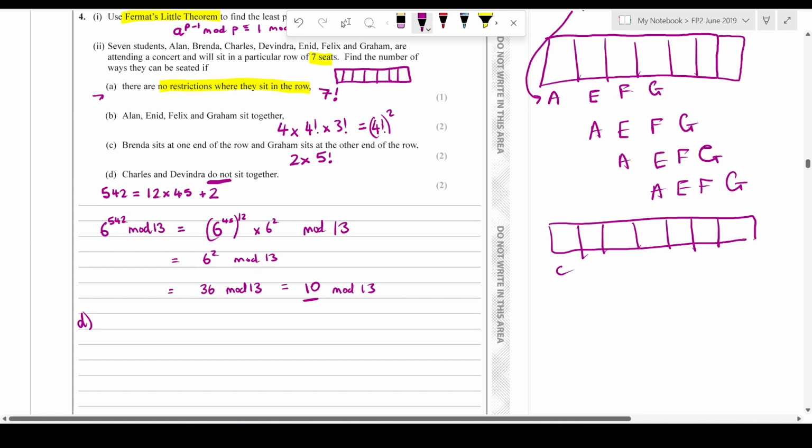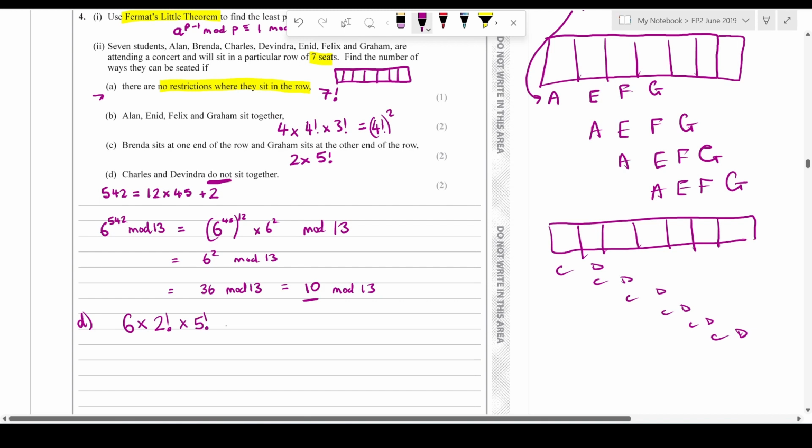So I could have C and D here, here, here, here, here, and here. What have we got there? We've got 6 different positions. In terms of the number of rearrangements, there's 2 factorial ways of rearranging C and D, but there's also 5 factorial for the remaining people.